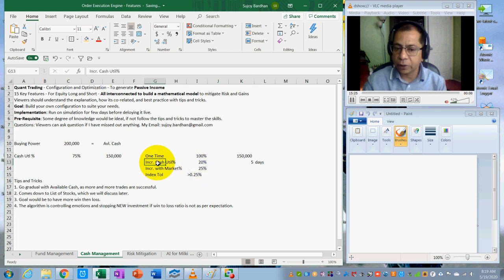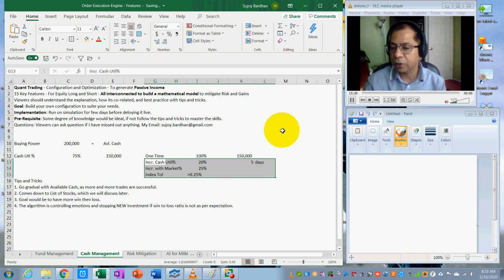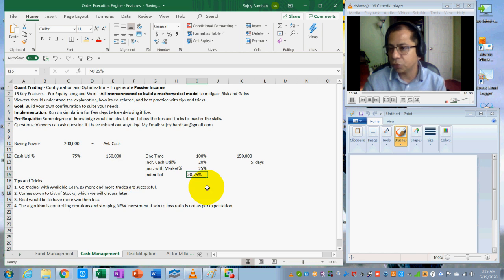But these techniques which I just mentioned are applicable if you're very conservative. Sometimes it may also happen that the market is not going in the direction of what you are trying to expect, which is 0.25%.